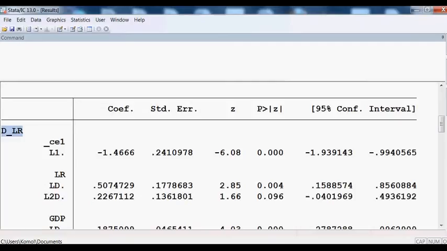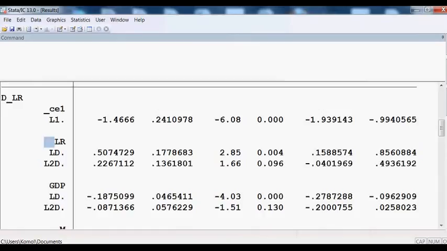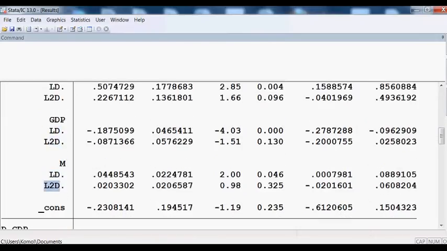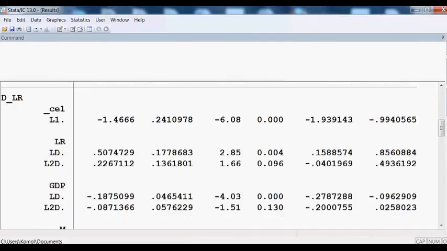Not only this one, all the variables have been converted to first difference. Here this is the dependent variable DLR, and all these are independent variables.